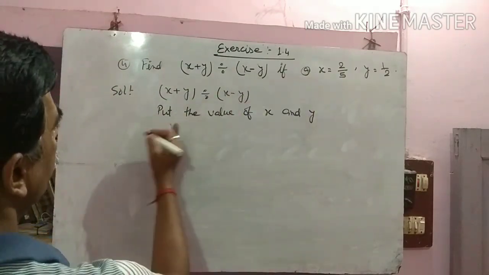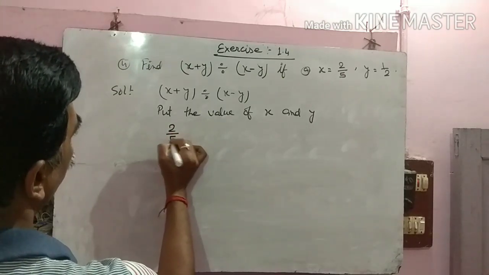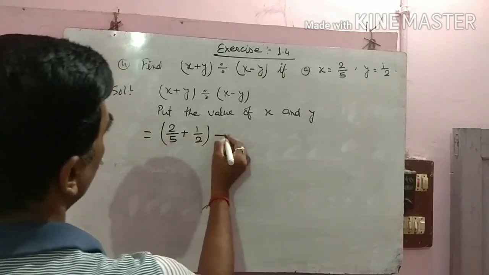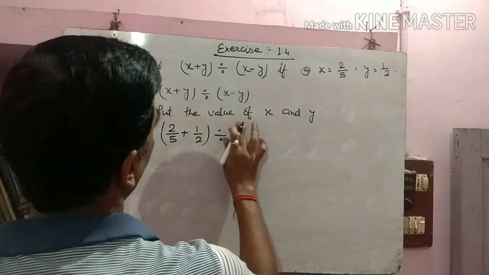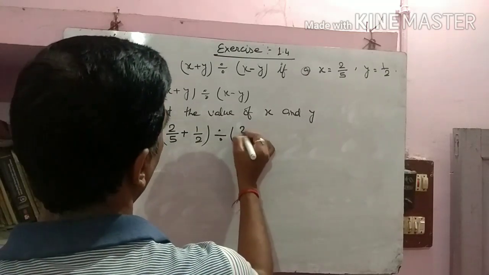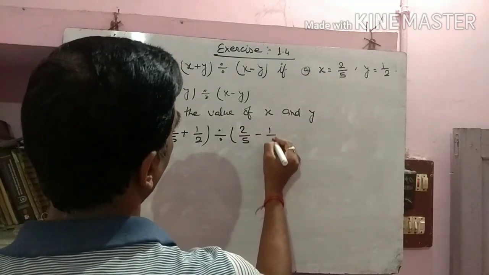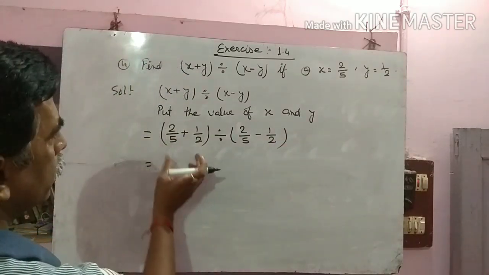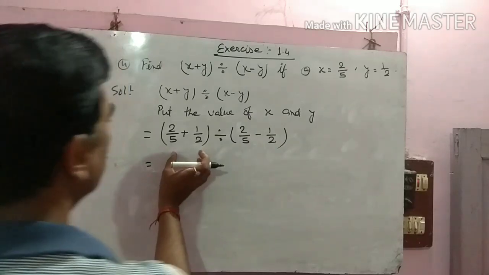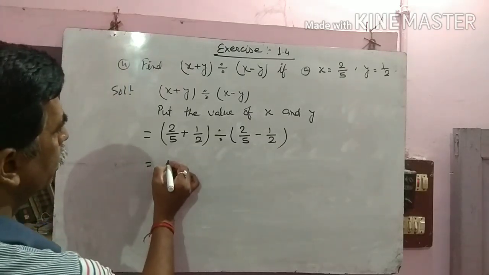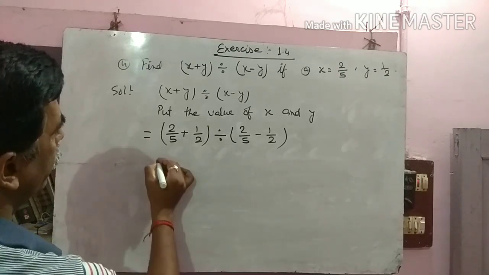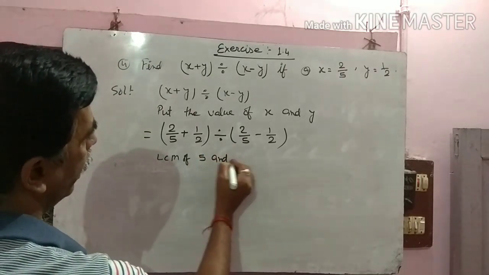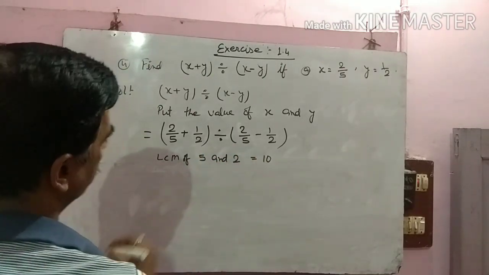The value of x is given, 2 by 5 plus 1 by 2, and 2 by 5 minus 1 by 2. Then we have to solve the rational numbers inside the brackets. The LCM of 5 and 2 is equal to 10.